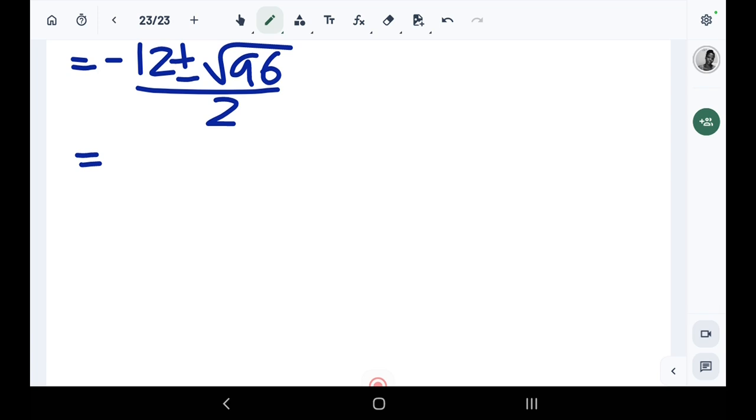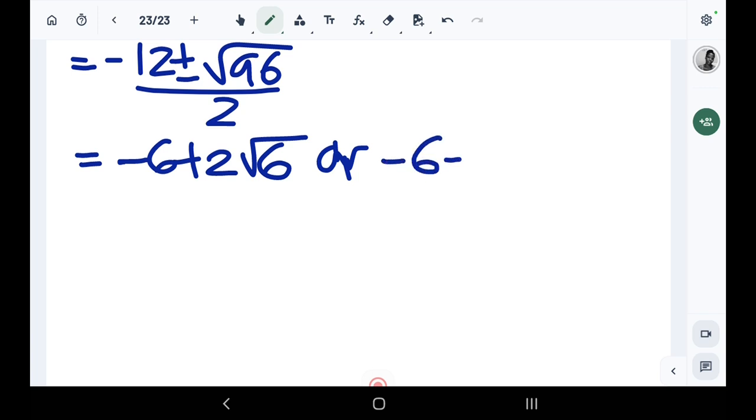That gives us negative 6 plus 2 root 6, or the other root is, okay, fraction button, minus 12 minus the square root of 96, down arrow 2, and that gives us negative 6 minus 2 root 6.